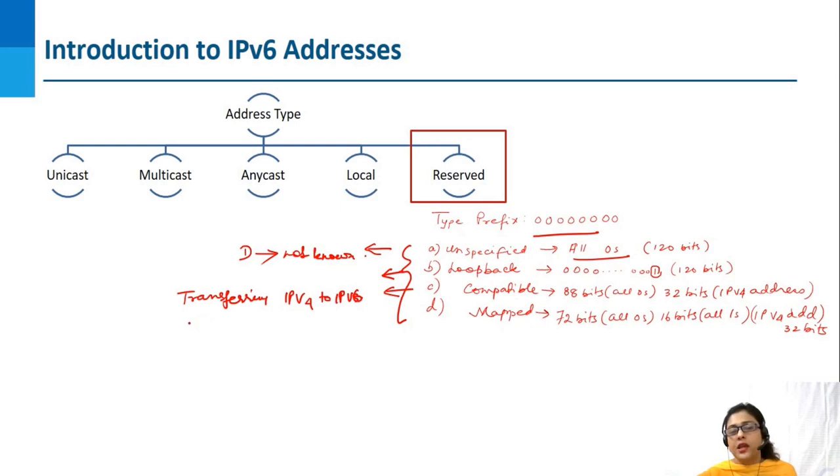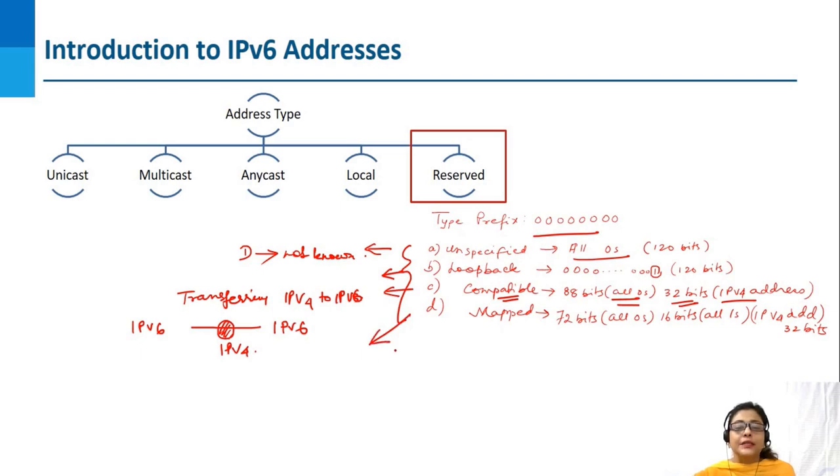It is mainly used when a node having IPv6 wants to connect to a node having IPv6, but it passes through an intermediate node which is using IPv4. So this is known as compatible. The first 88 bits are all zeros, then the next 32 bits form the IPv4 address.